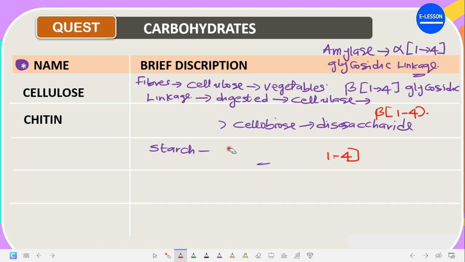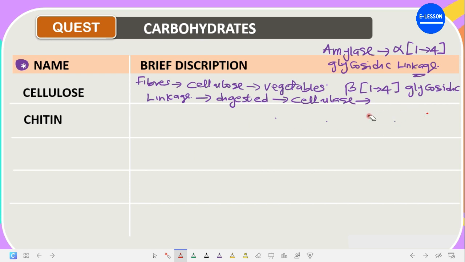Now, the next thing is chitin. Chitin is actually composed of the derived monosaccharide N-acetyl D-glucosamine units joined together by beta 1,4 glycosidic linkage.